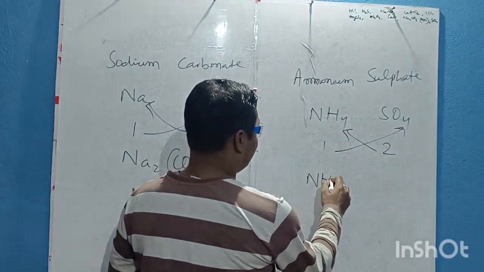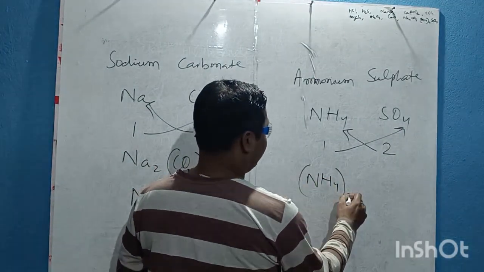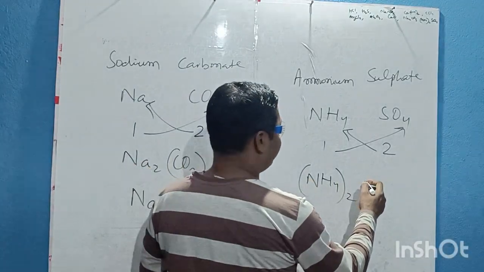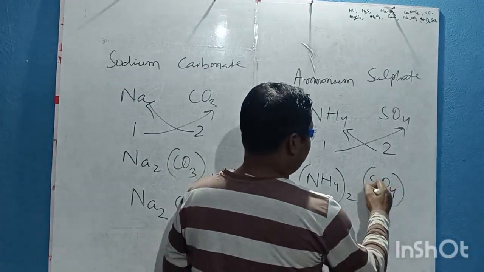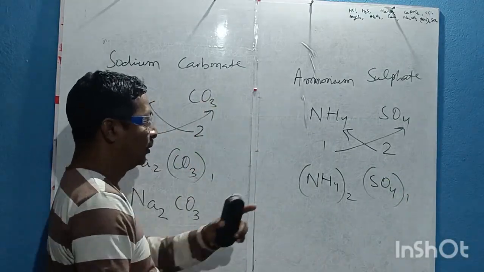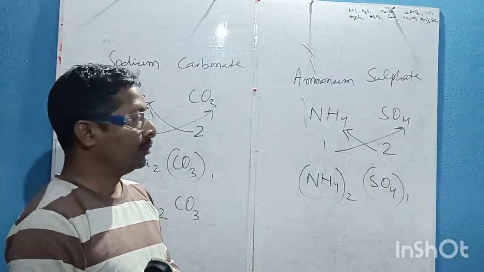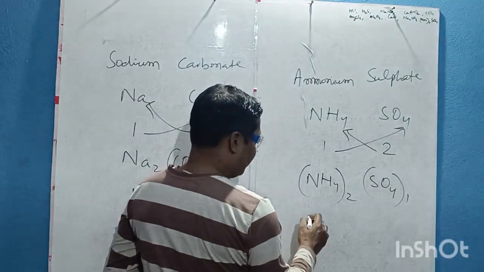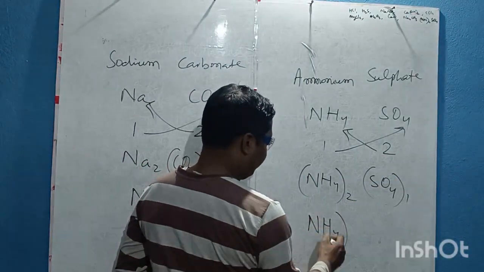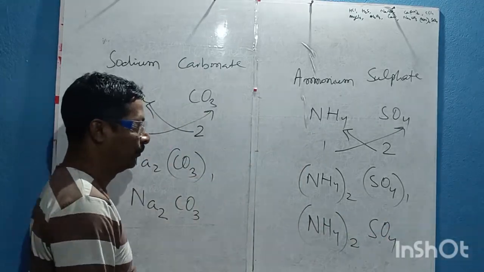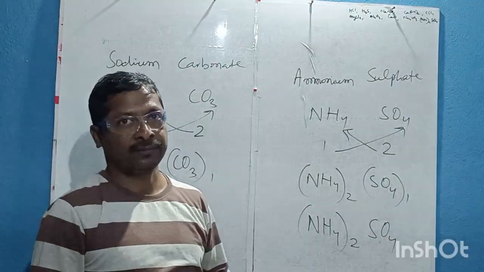So (NH4) whole 2, because there is more than one element, so the bracket will be there, and here also more than one element is there, so a bracket will be there, but there is no need of writing 1, so this bracket can be omitted, but this bracket is necessary, (NH4)2SO4. So this is ammonium sulfate.